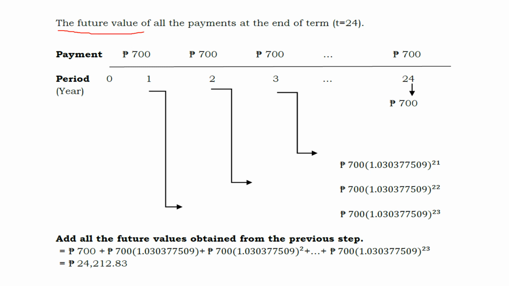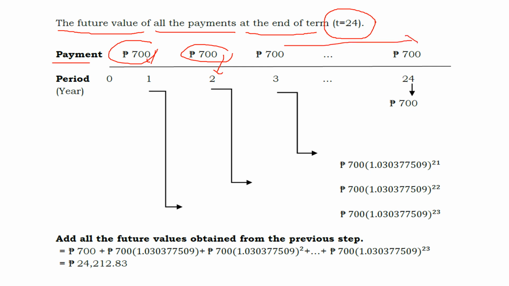So the future value of all the payments at the end of term, which is equal to 24 months here. So again, using your time diagram, your payment is 700 pesos for the first month payment, 700 pesos for the second month of payment up to the last month of payment, which is the 24th month, as you can see on this time diagram.